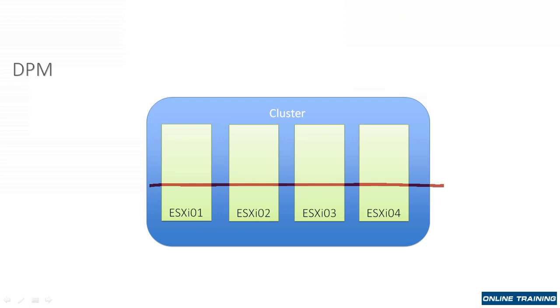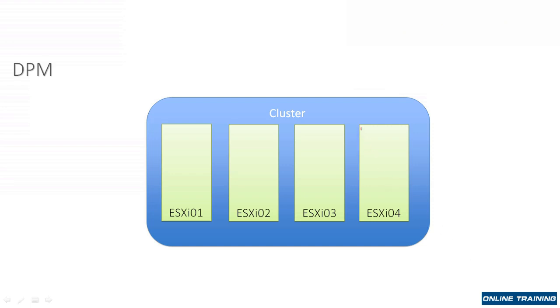And at that point, it would be ideal if we wanted to save some power, maybe we can take some of these ESXi hosts and power them off. So let's say that DPM has concluded after monitoring for a while that we could power off ESXi 04 and that the performance impact of doing so would be minimal.